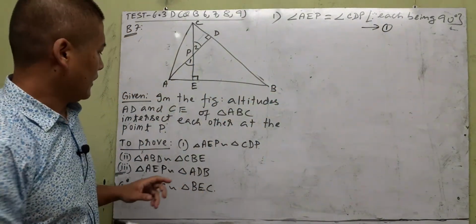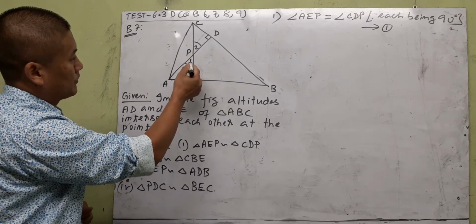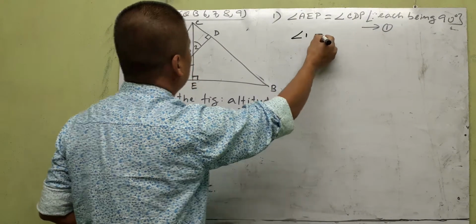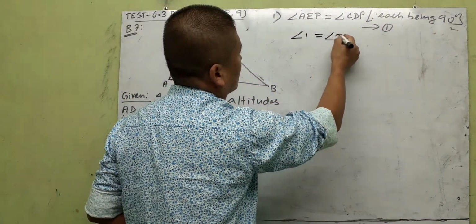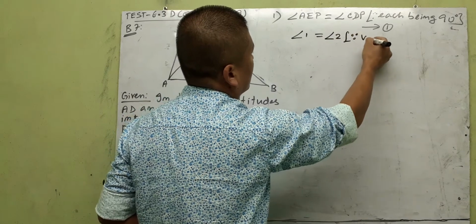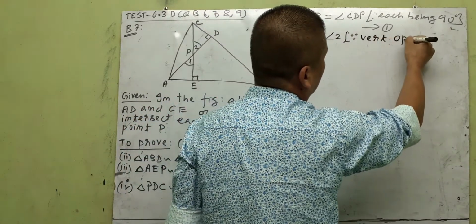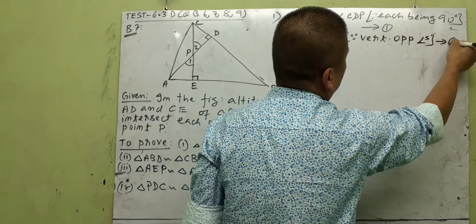Then let us find out, in these two triangles AEP and CDP, one angle is already equal. Angle 1 here in AEP will be equal to angle 2 here in CDP, because this is very simple, since they are vertically opposite angles. So this is 2, let us say.